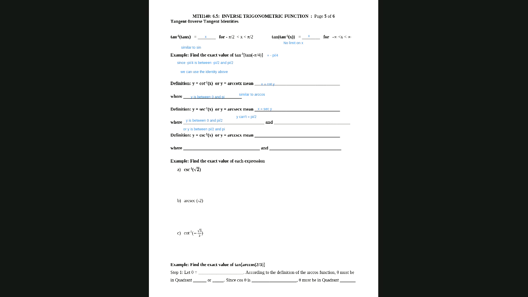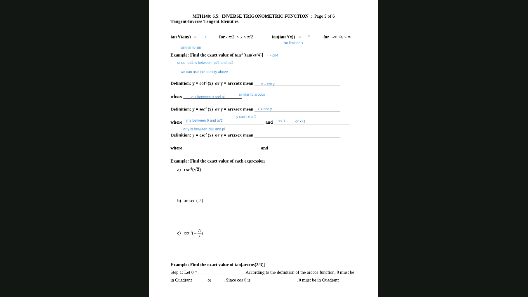Right? And as far as what x can be, x is less than negative 1, or x is greater than 1. So over here, I'm going to go ahead and be more explicit.